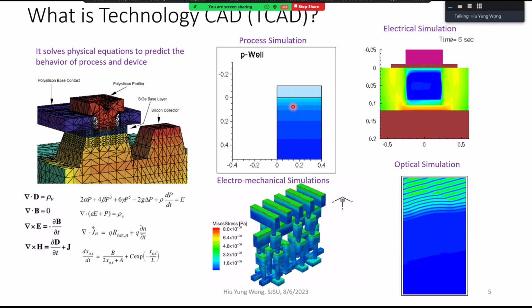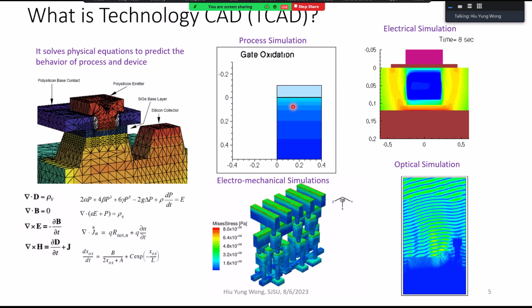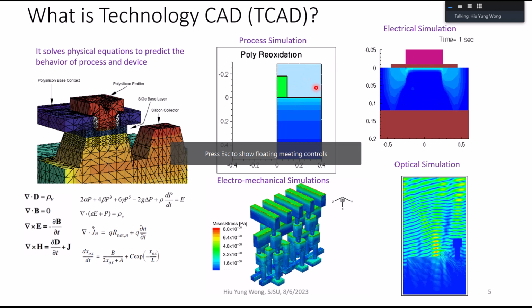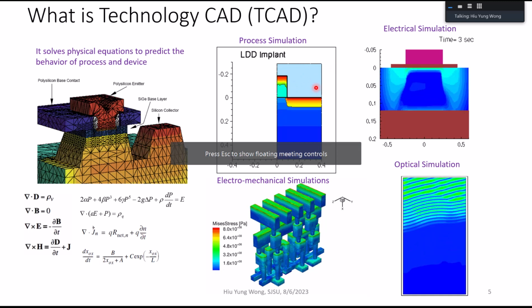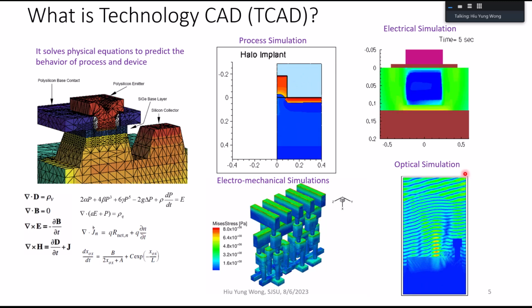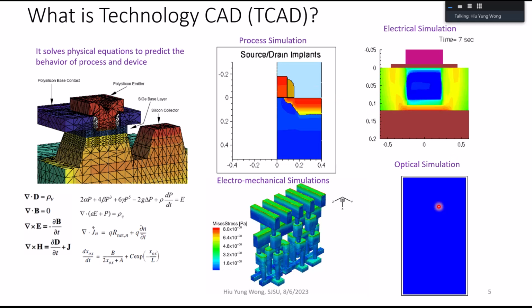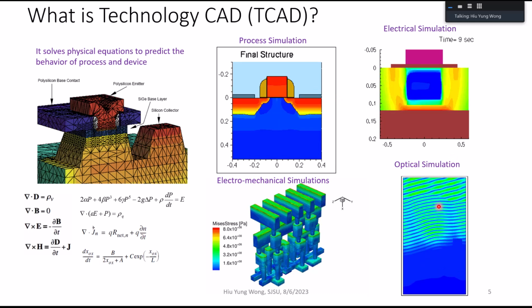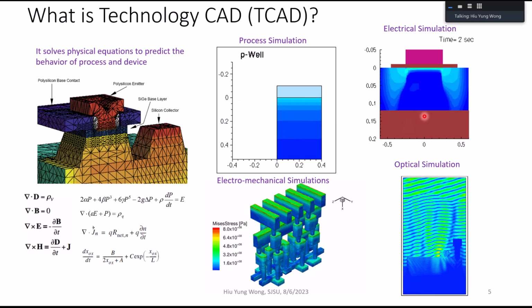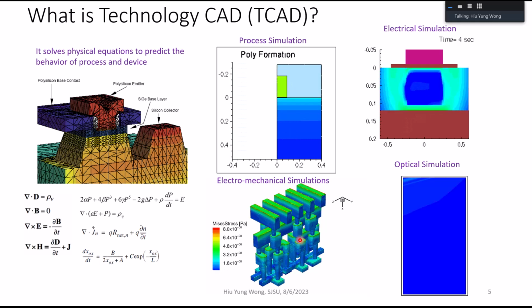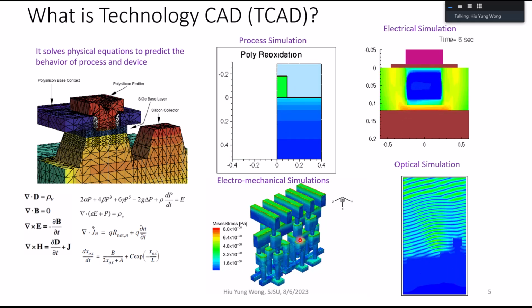the process simulation, how a transistor is formed in the process fabrication, or even the optical simulation, like wave interference, electrical simulation, or even the back end of the line process of a chip, right?